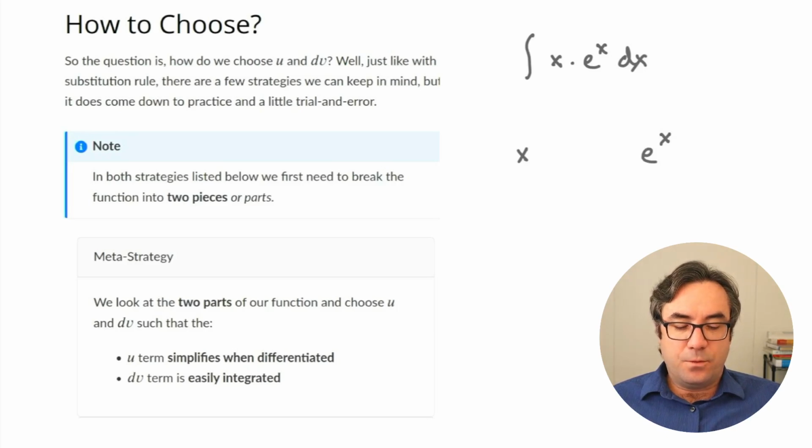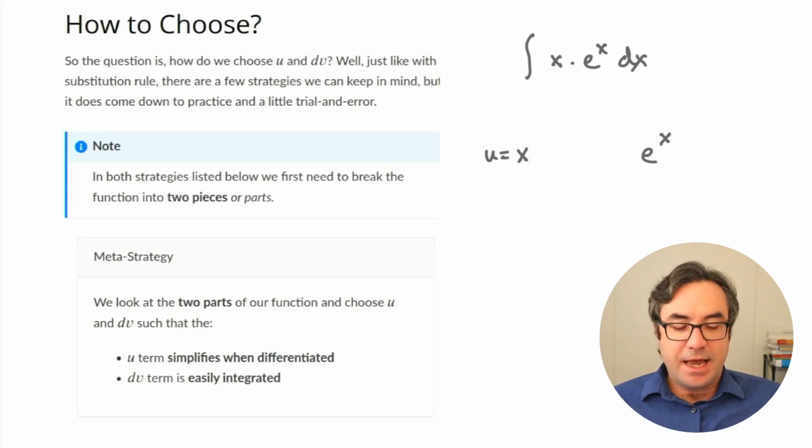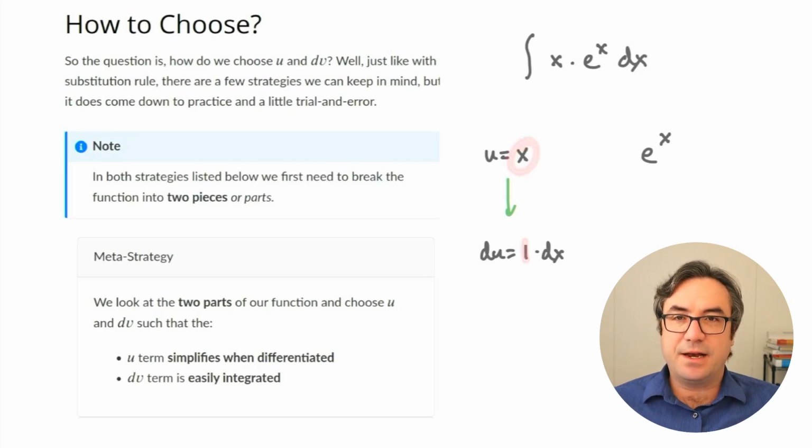And whichever one we pick for u, it should simplify when we differentiate it. And that's what we saw. When we picked u equal to x and we differentiated it, it simplified nicely into just 1 and then times dx. So this x term simplified. It went from being a variable to just 1.